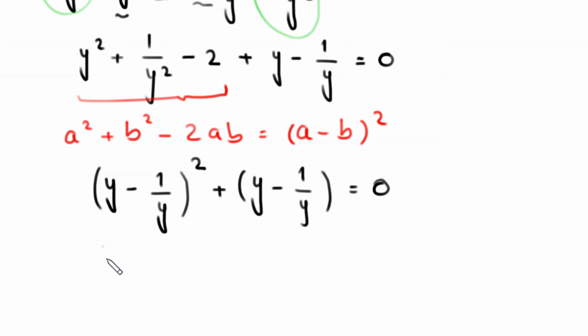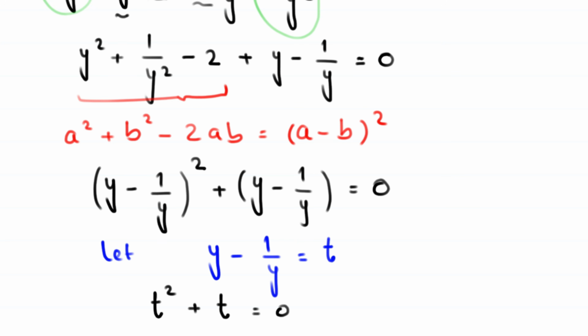Now we suppose that y minus 1 over y equal to t. So this equation will become t squared plus t equal to 0.